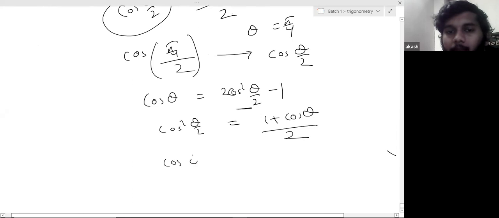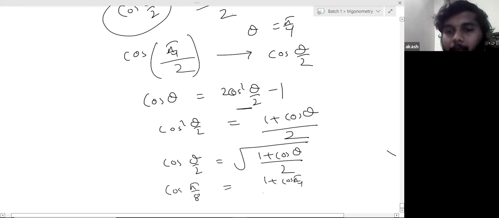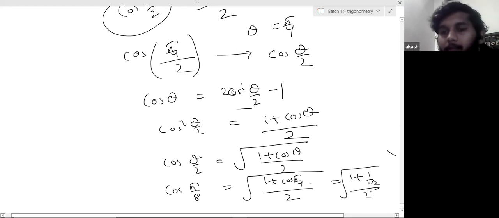So cos theta by 2 will be under root of 1 plus cos theta by 2. So theta is pi by 4. So cos pi by 8 will be equal to under root of 1 plus cos pi by 4, whole divided by 2. And cos pi by 4 is 1 upon root 2. So this is under root of 1 plus 1 upon root 2, whole divided by 2.